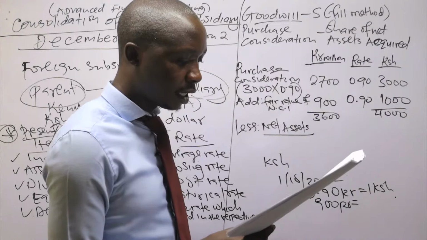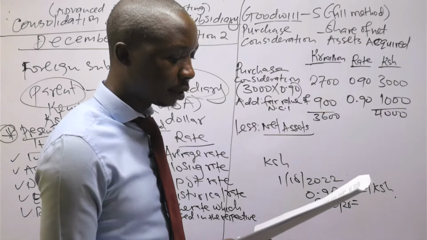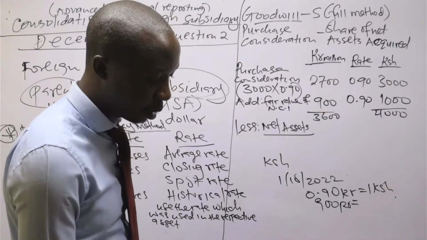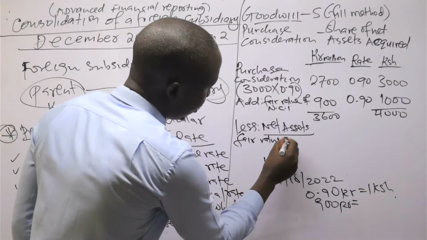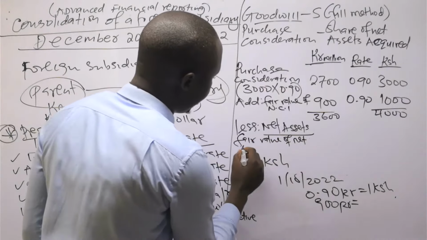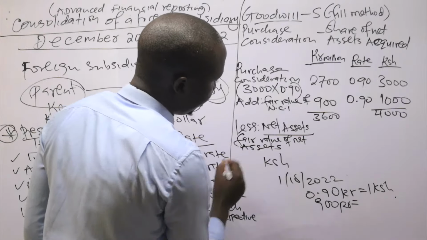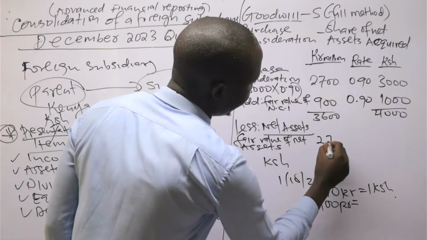The fair value of identifiable net assets of S was 2,700.